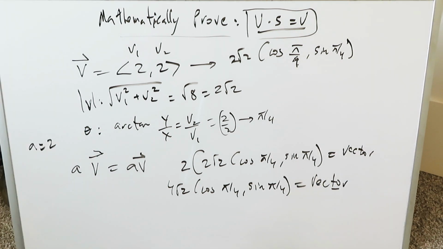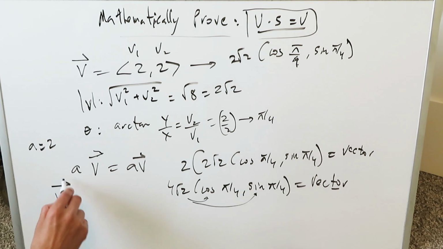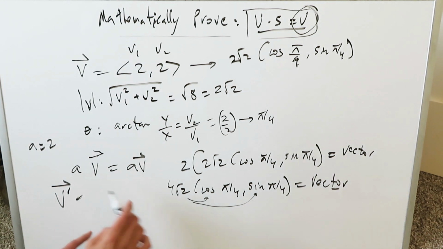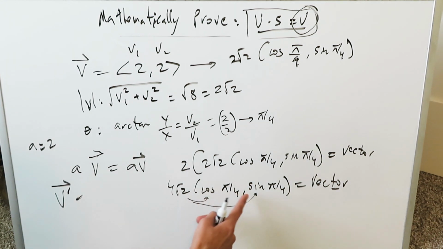How can we represent that vector in a different way? Well, you can multiply everything across this. You can distribute this scalar quantity, which is your magnitude, across the direction and recreate this new modified vector. We will call the new modified vector v prime, and then that v prime here is going to represent this end result. It's going to be equal to what's cosine pi over 4, sine pi over 4.